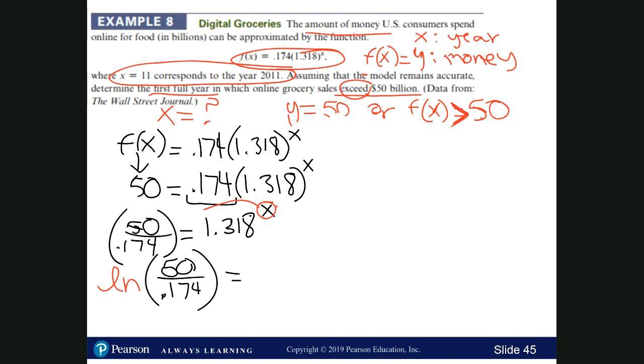So we take the natural log on this side again, as well. And now this exponent, the x, now we use that power property. So the exponent becomes the coefficient.